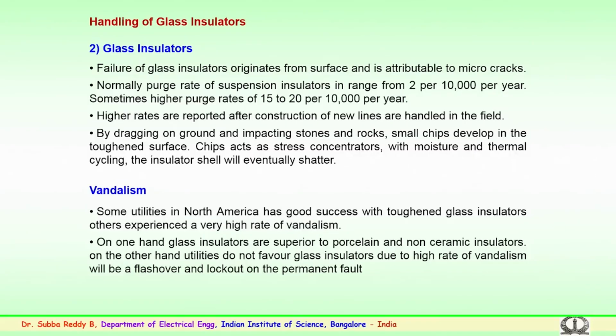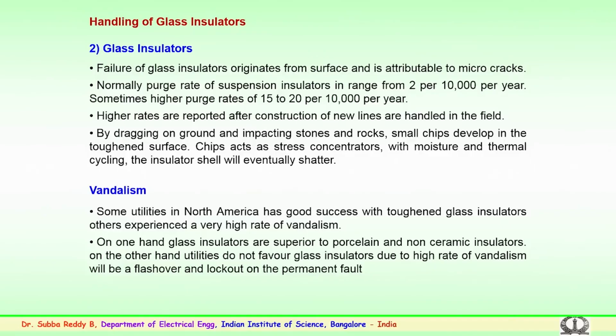Normally the burst rate of suspension insulators ranges anywhere between 2 per 10,000, but sometimes it could go more than 15 to 20%. So, higher rates of burst are normally reported during the construction of new lines and are handled in the field. So, handling of this is very important.